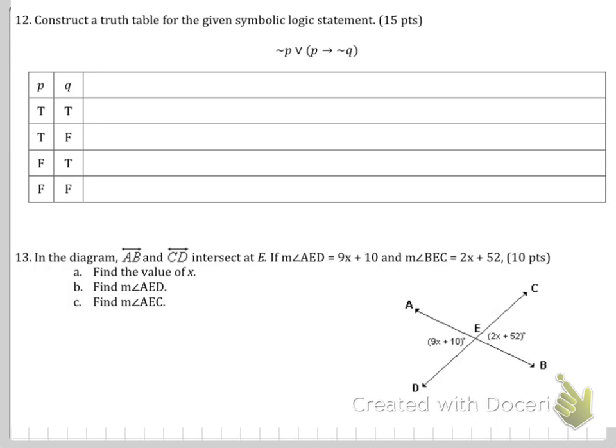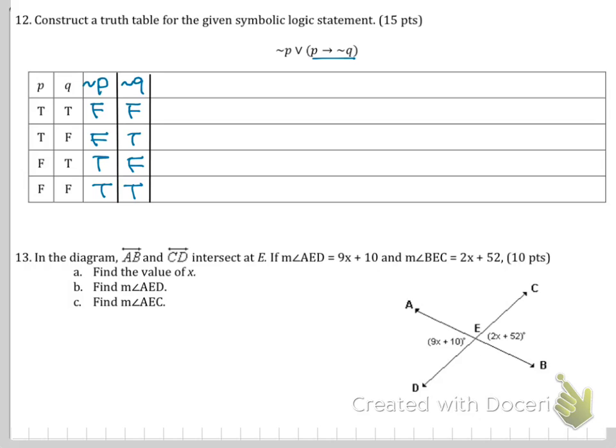I need not P and not Q. So here, not P, not Q. Not P is false, false, true, true. Not Q is the opposite of these, which is false, true, false, true.